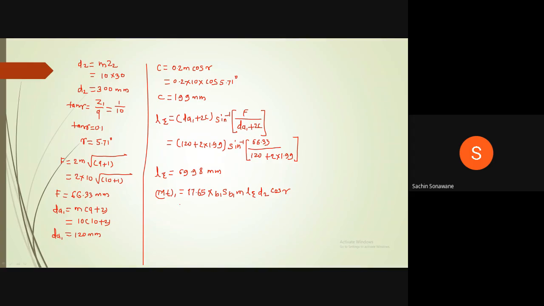Therefore, substituting the values: 17.65 into XB1 0.25 into SB1 28.2 into module M is equal to 10 into the value of LR 69.98 into D2 is nothing but 300 into cos of 5.71 degree. Therefore, calculate MT1.